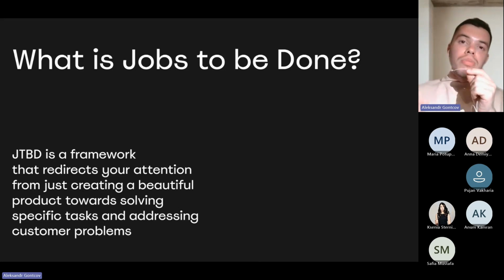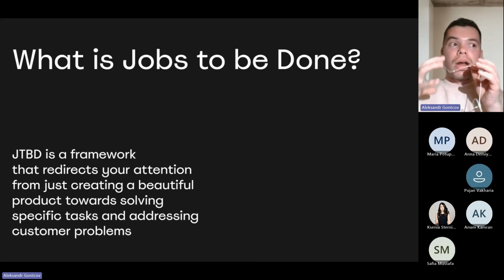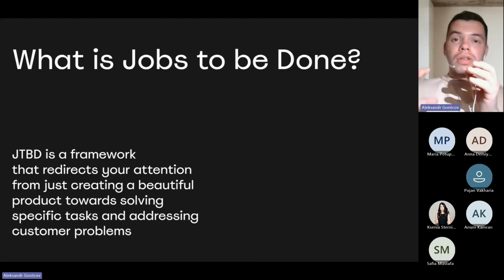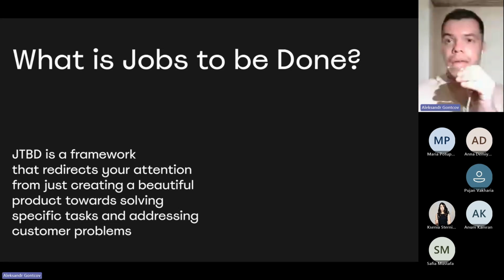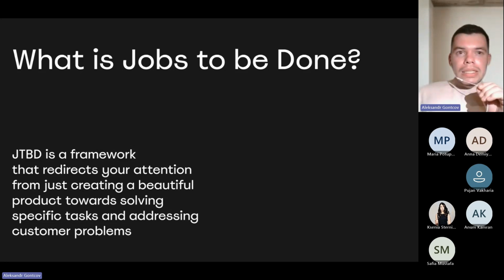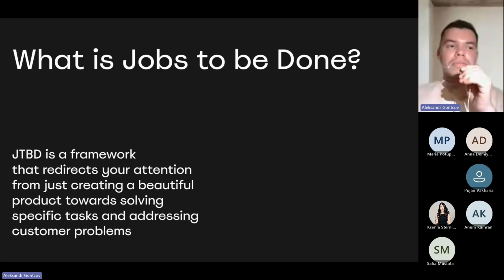So jobs to be done helps us redirect our energy, our attention, and our resources from just developing a beautiful, outstanding product to actually seeing what a customer needs, what a customer wants, and what a customer hires a product for.